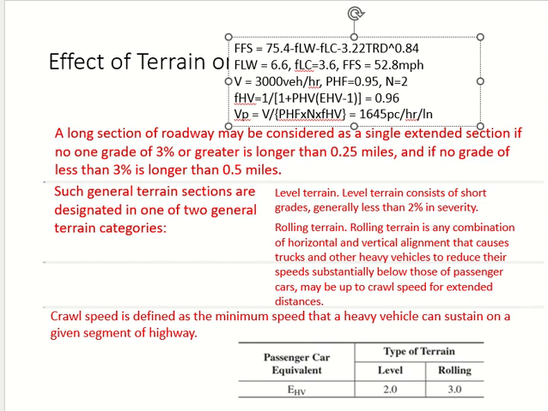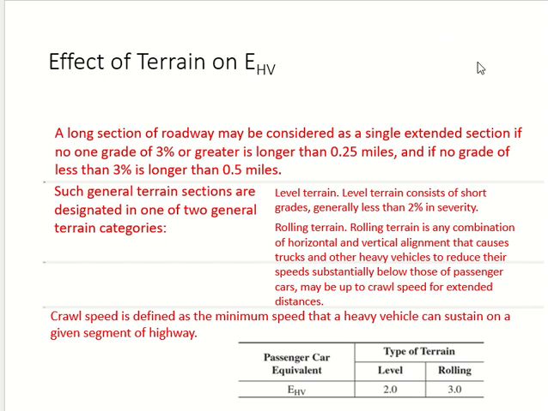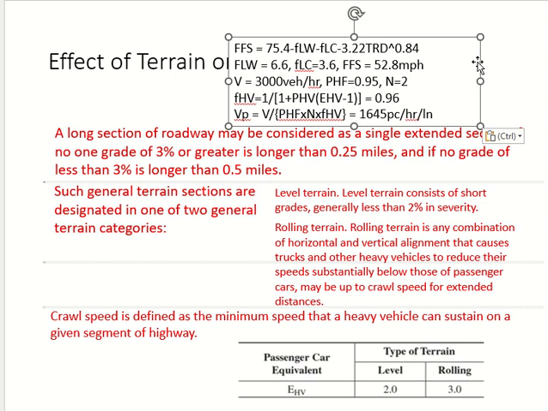Okay. Once you find out VP, now we are trying to find out the level of service. For level of service, I need flow and speed. Do I have a value of speed in this question? We found free flow speed, right?